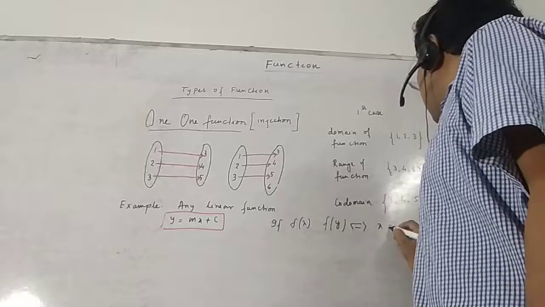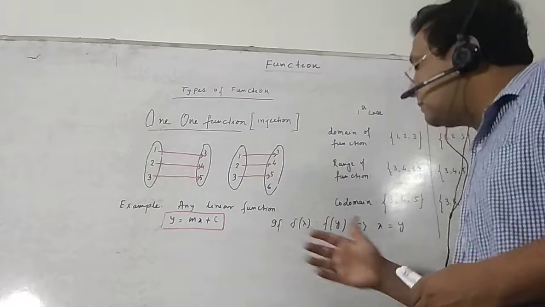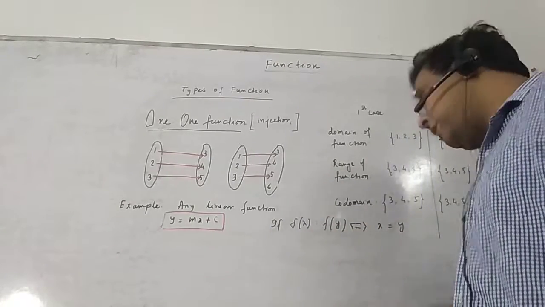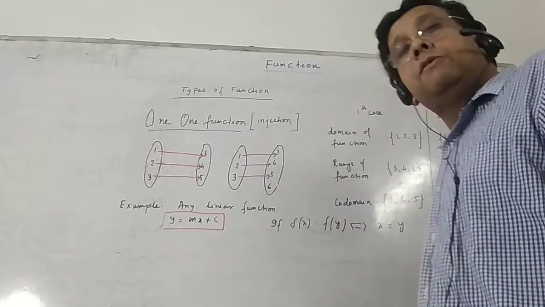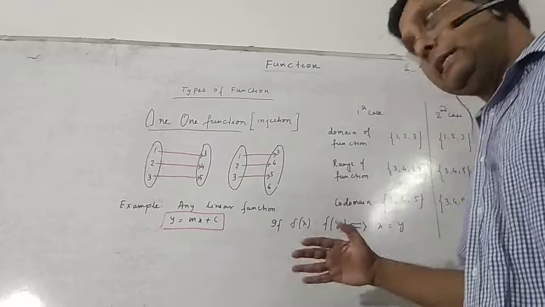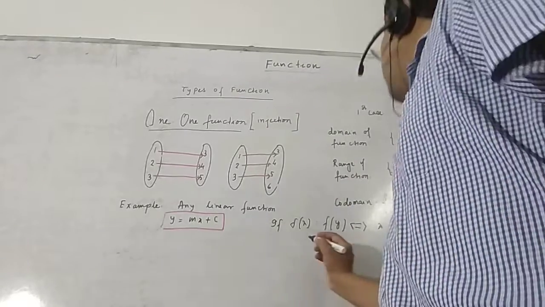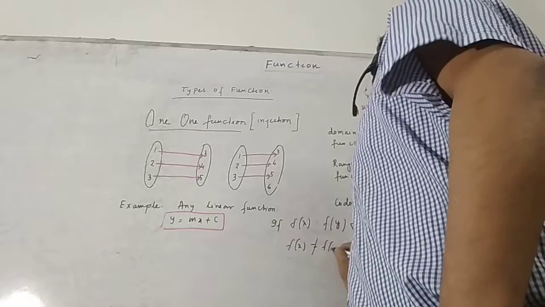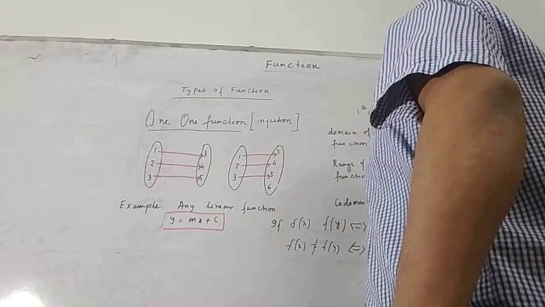If we first assume that f(x) is equal to f(y), and it implies that x is equal to y, then we can say yes, it is a one-one function. Another way we sometimes explain is that if we assume f(x) is not equal to f(y), that implies x is not equal to y.